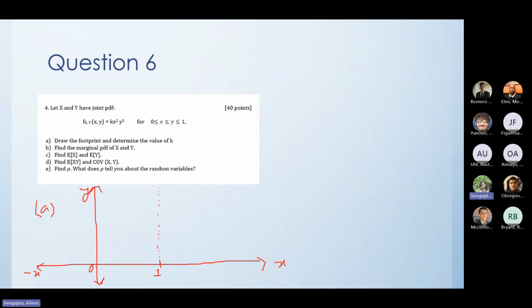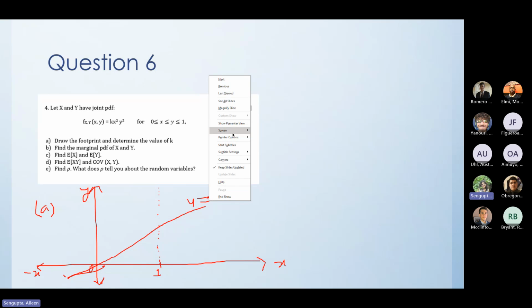In order for x to be less than y, let's first find out what happens if x equals y. Now it's going to be very difficult for me to draw a straight line. So this is y equals x, the straight line. This is a horrible diagram, so I'm going to just start over again.